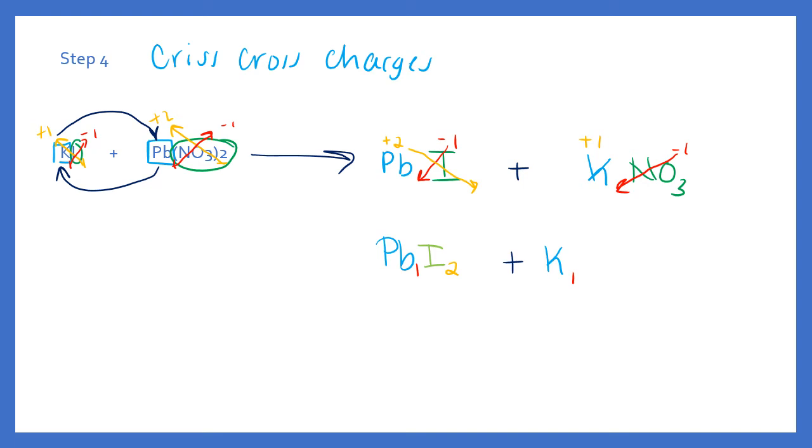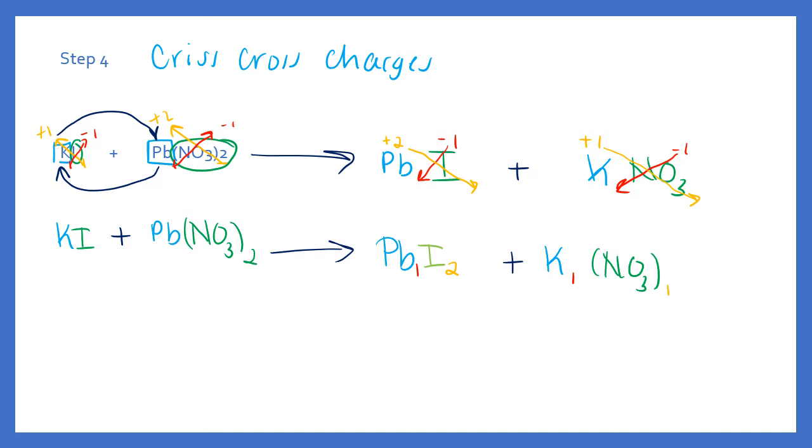And the +1 swings out to the outside of the NO3, making it NO3 to the 1. Okay, and let's write in the rest of the reaction. So I have Pb, NO3 with the 2, plus the KI. Okay, so we just crisscross our charges to get lead 1, iodine 2, potassium 1, NO3 1.